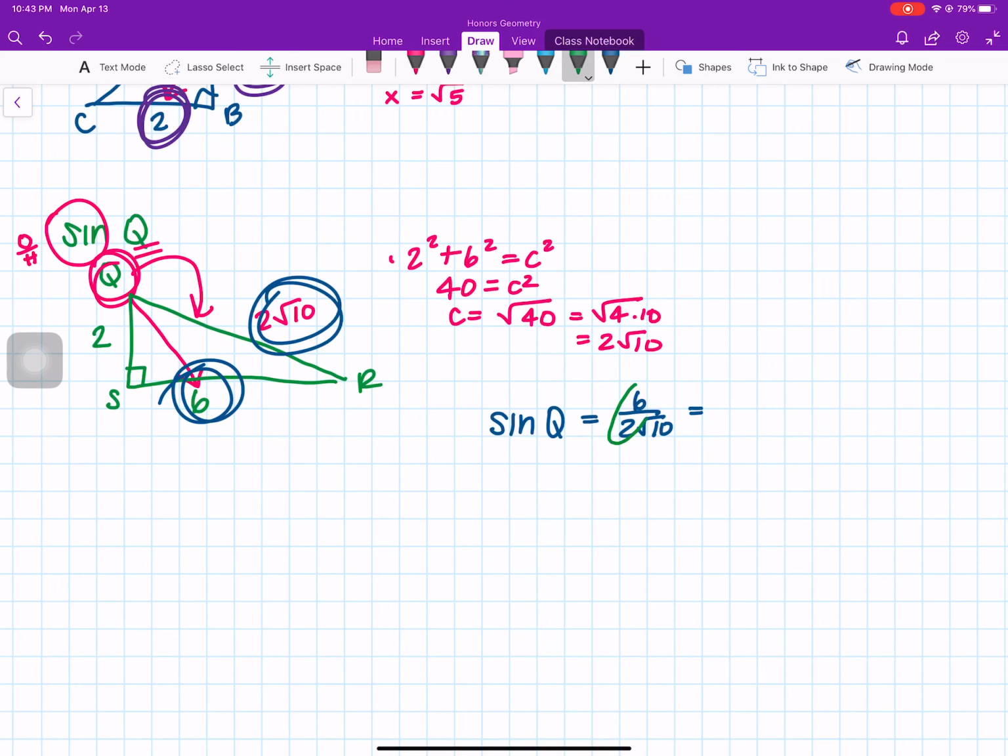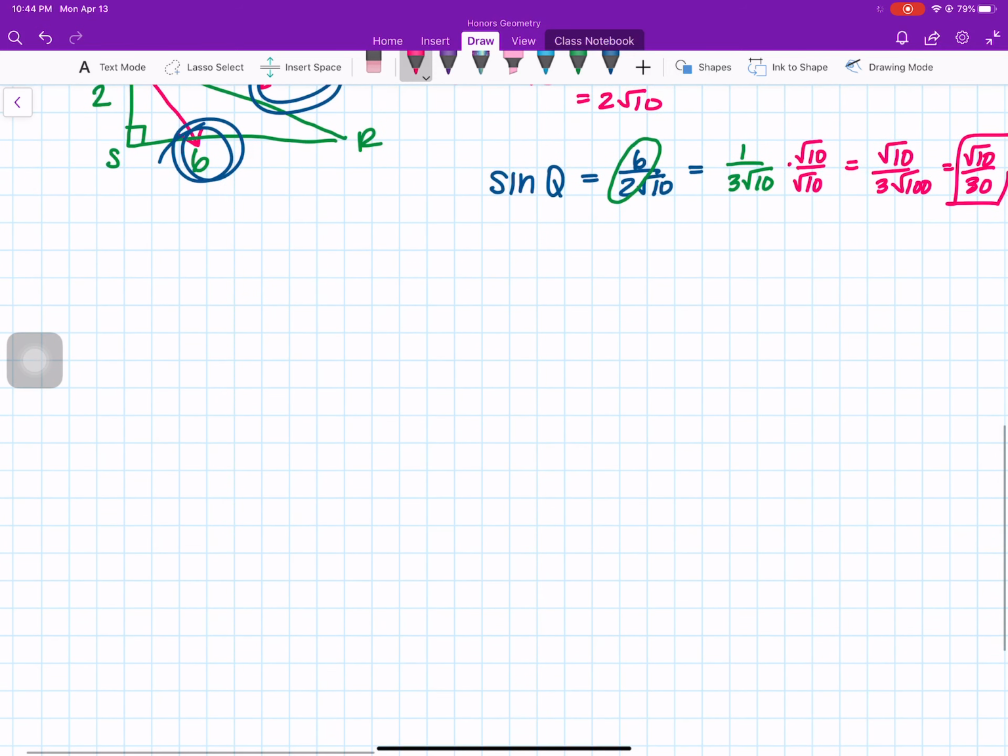Notice you have 6 over 2. 6 over 2 is 3. So you have 3 over root 10. Then you will multiply your numerator and denominator by root 10. So you have 3 root 10 in the numerator, and then root 100 in the denominator. Root 100 is 10, so this is 3 root 10 over 10 for your answer.